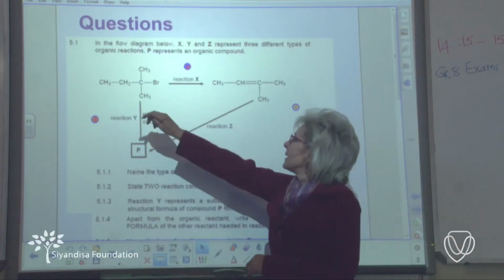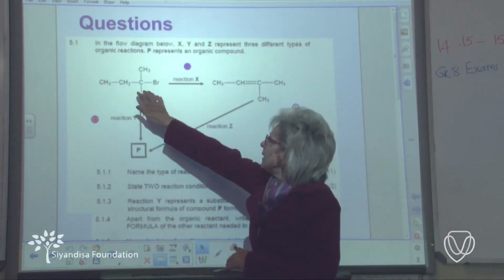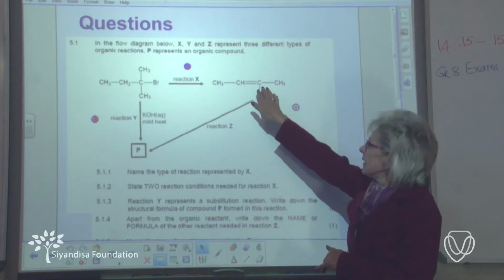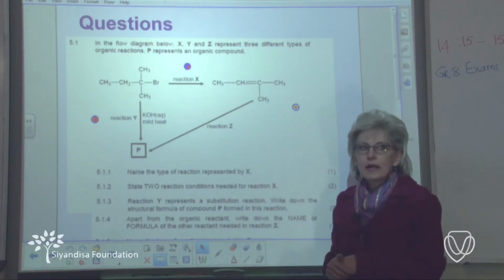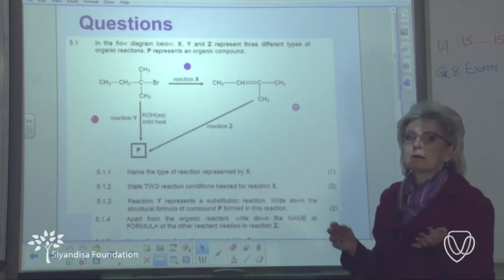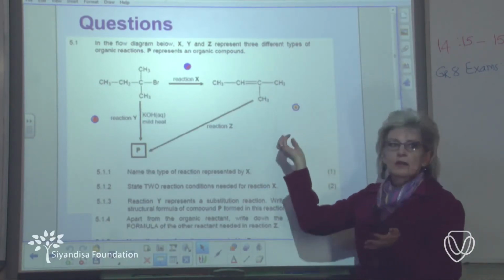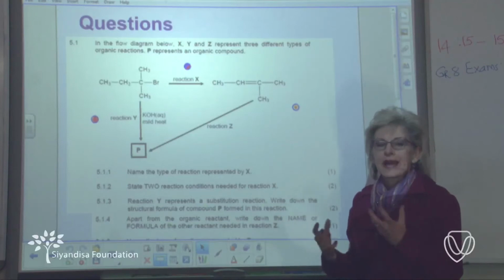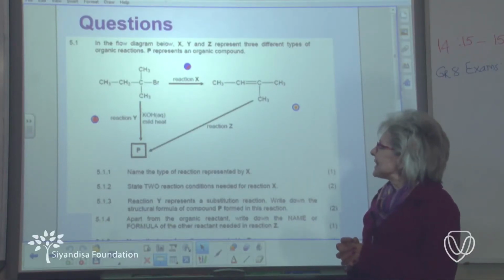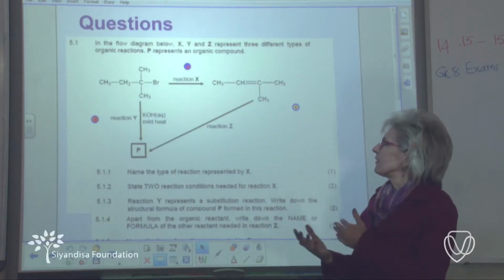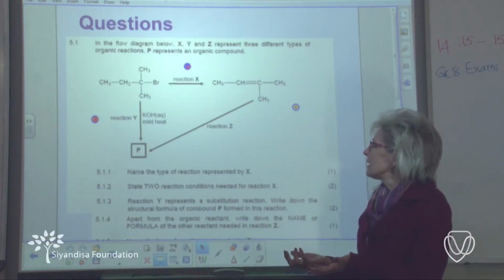And we've got a haloalkane, which turns into an alkene. And you can simply just learn off by heart: when I change from a saturated compound into an unsaturated compound, the general reaction is elimination. If I want to name specifically which type of elimination, I need to see which molecule is removed.